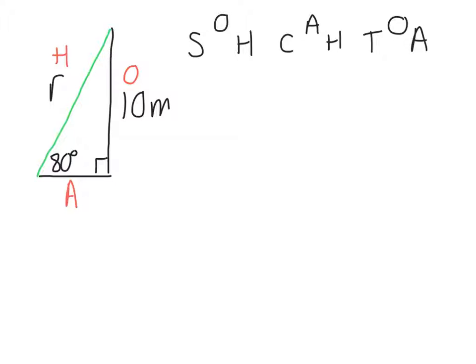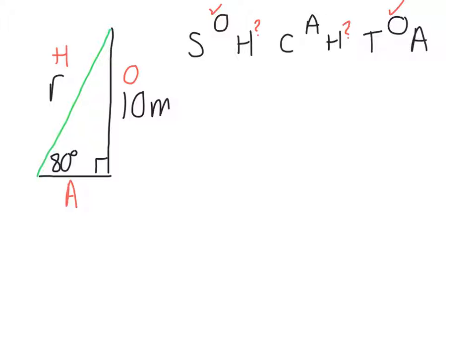Now the question is to find the radius, which is the hypotenuse. So I'll mark a question mark on the H's. We know that the opposite side is 10 metres, so we will tick the O's. And the other piece of information we have is that the angle is 80 degrees.